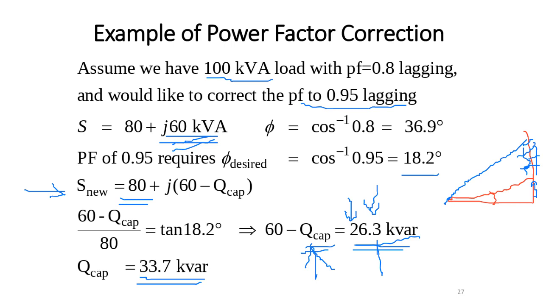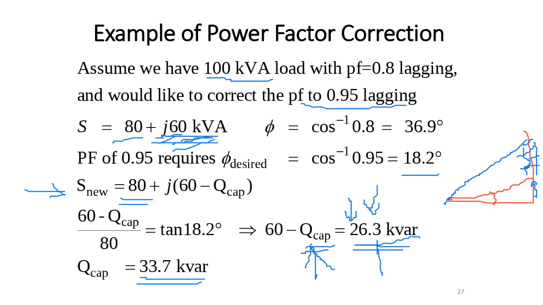So instead of 60 kilovar coming from the generator, we want to help the generator, to relieve the generator. How do we know? The system usually runs with reactive power about 10% or 20% of the real power.